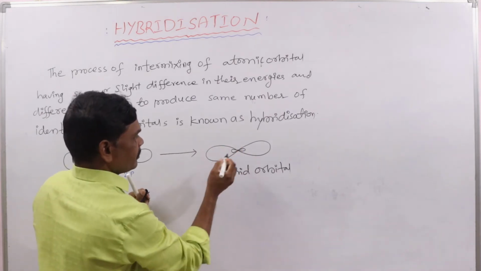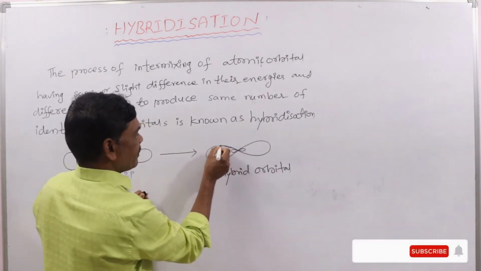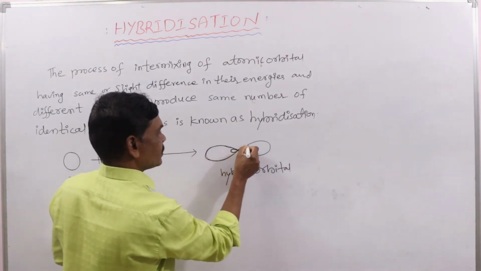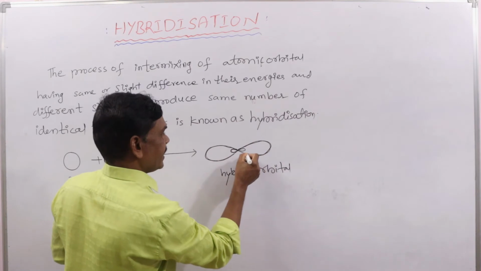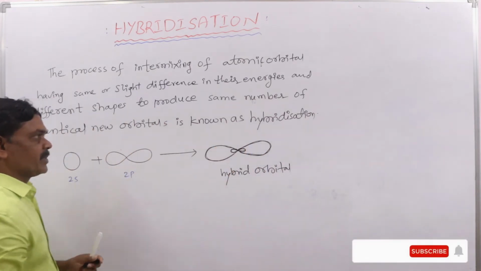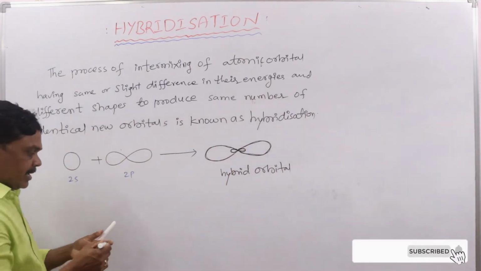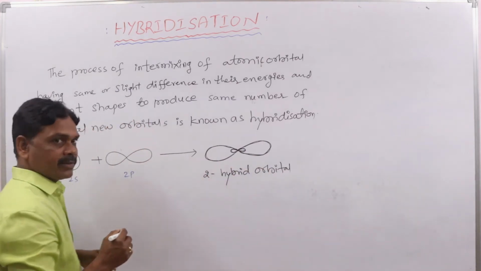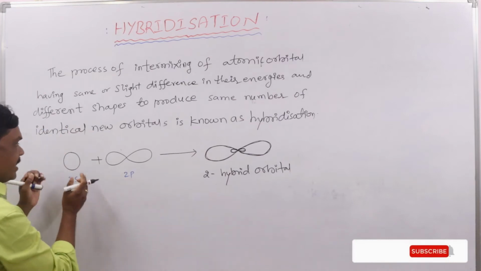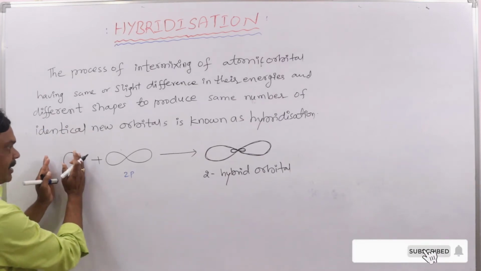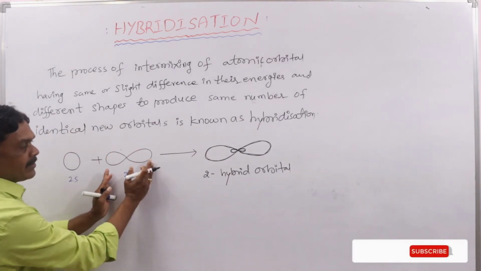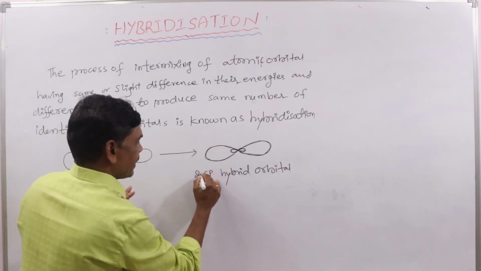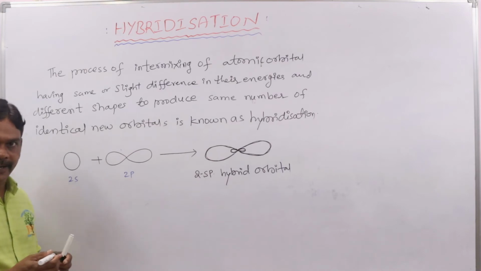This is the first hybrid orbital, and this is the second hybrid orbital. So two hybrid orbitals we are getting. Which hybridization? In this hybridization, one s orbital and one p orbital are involved.